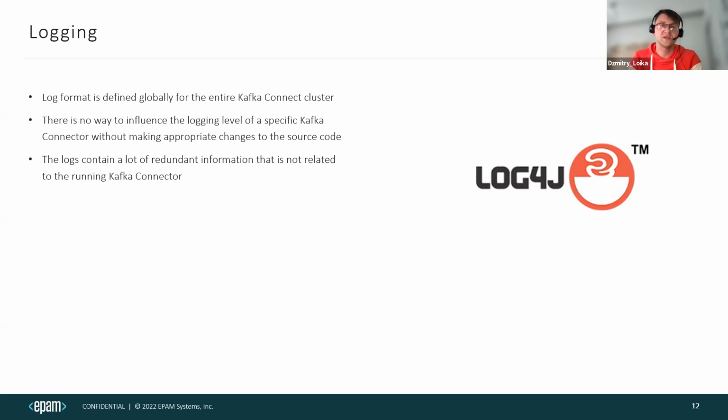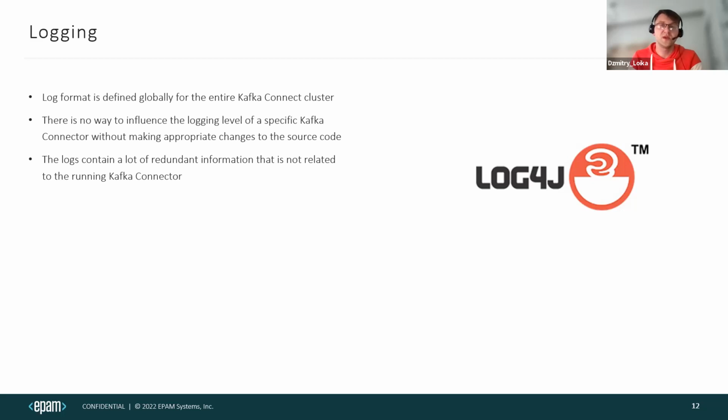I think in most cases this topic is not relevant because in a big enterprise, or no matter where, you already have some standard log format, but if you need a different one, you need to implement it in the source code. And it's the same situation with logging level. You can define the logging level globally, not for concrete Kafka connectors.